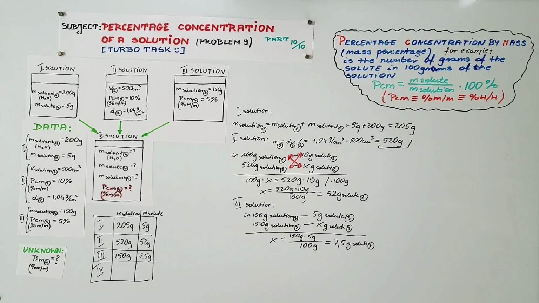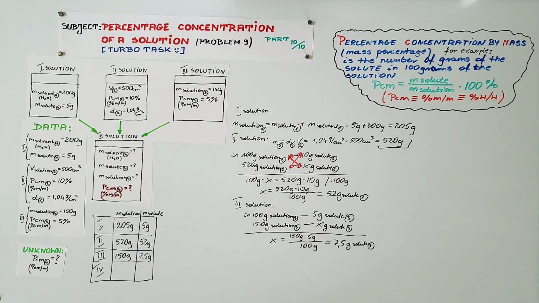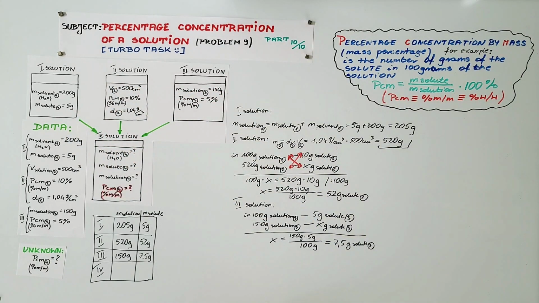Both the mass of the fourth solution and the amount of solute contained in this solution will be the sum of all three solutions. Well, let's calculate to be correct. Let's write it down for formality.